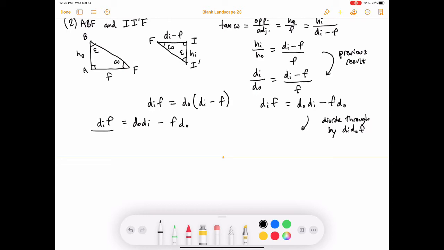But on both sides, we're going to divide through by DI, DO, F. So every single term is divided by DI times DO times F. All right? So in the first term, DI and F both cancel. In the second term, DO and DI both cancel. And in the third term, DO and F cancel. So this turns out to be much simpler.